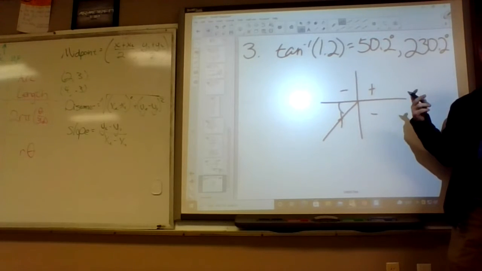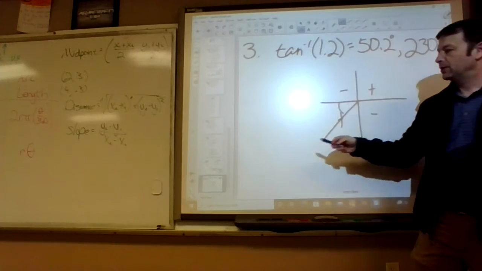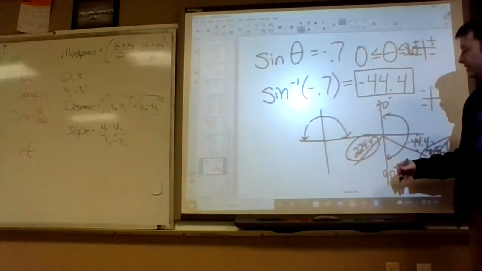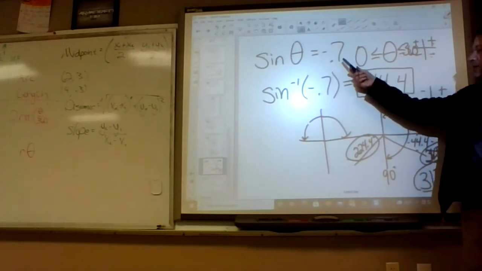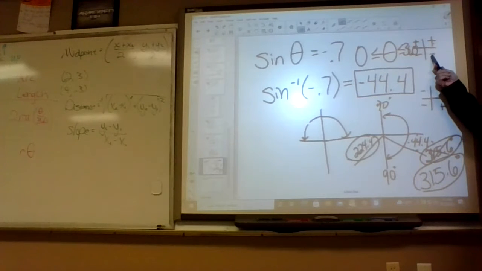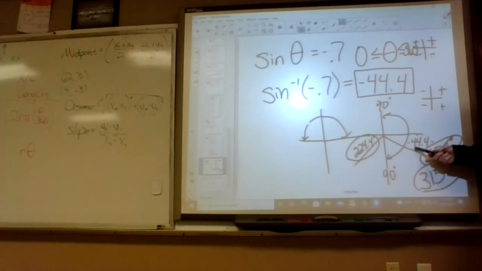So then wait, the last one was sine, and we got 224.4, and that's in the third quadrant. Right. Okay, so on the last one, it was sine equals something negative. Sine is negative on the bottom two quadrants, third and fourth quadrant. They gave us negative 44.4, which is not between 0 and 360.